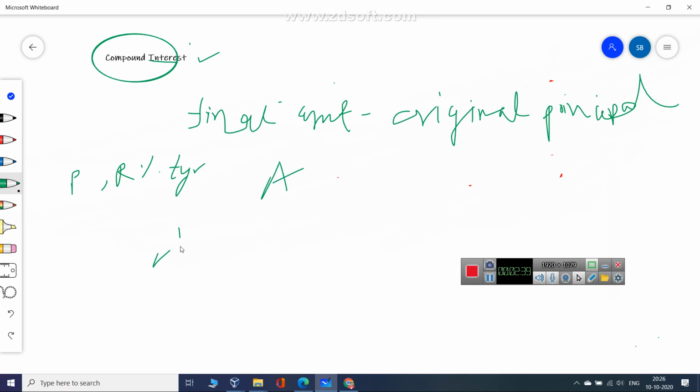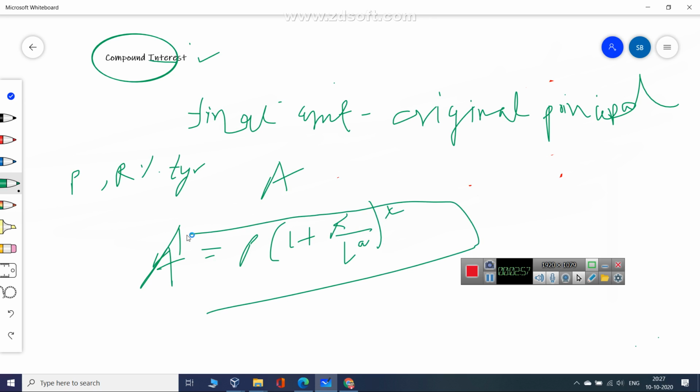So now amount A equals P into (1 plus R divided by 100) to the power T. That's the formula. Now compound interest, CI, equals amount minus principal.